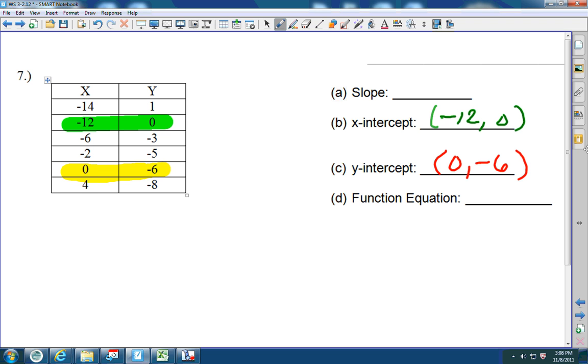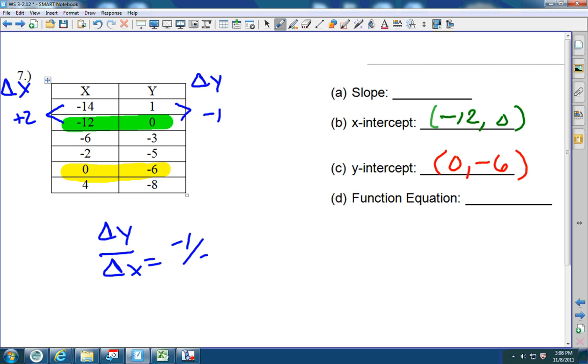Now to find my slope. Well, I'm going to do delta y over delta x. Delta y minus 1, delta x plus 2. Delta y divided by delta x, negative 1 over 2. Now for my equation, I need my slope and my y-intercept.